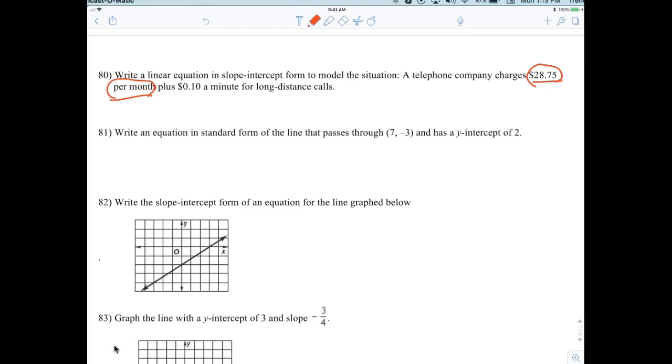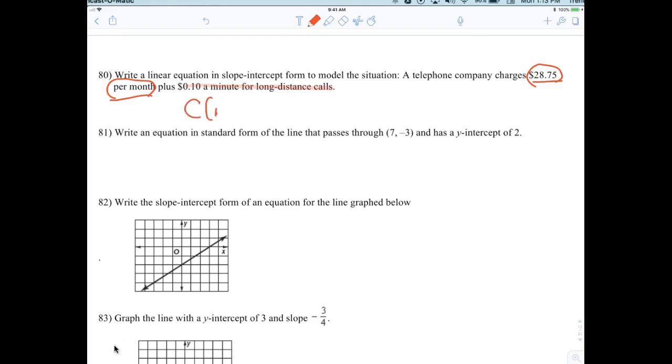All right, the reason why I knew I made a mistake right off the bat is because it also says what? 10 cents per minute. All right, that is your actual what? Slope. All right, so your cost per month depends upon how many minutes you use, correct?